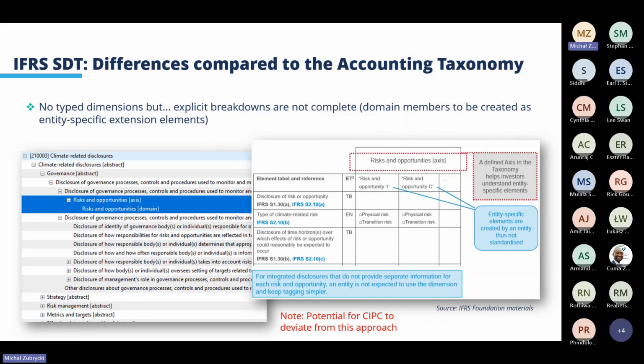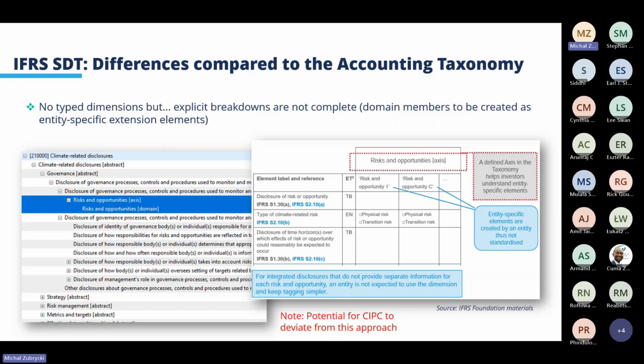Obviously, we can approach this from the South African perspective in a slightly different way, because the standards are there, the taxonomy is there, but we can adapt it in a way that we agree as a community in South Africa that we want to adapt it.